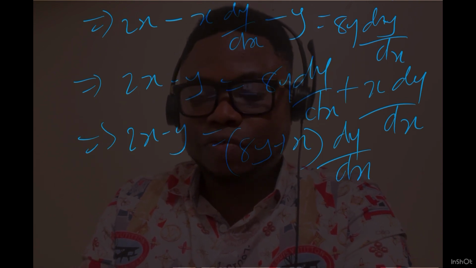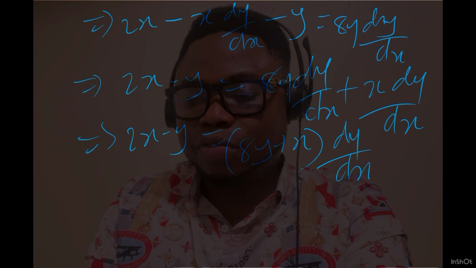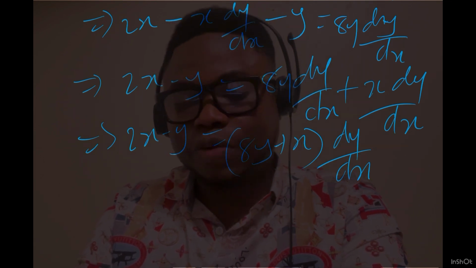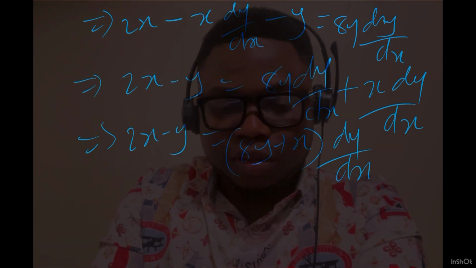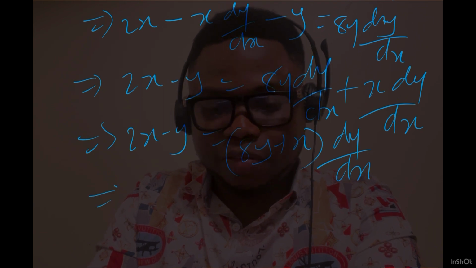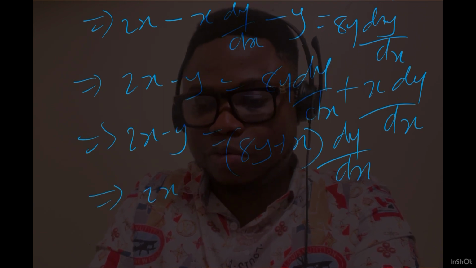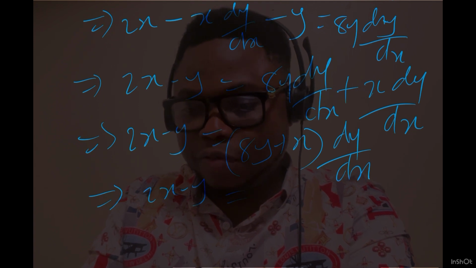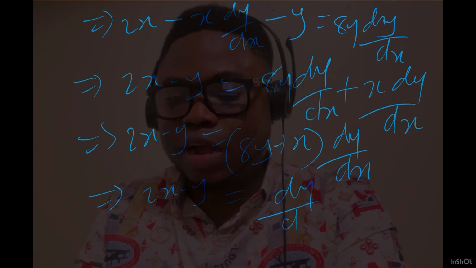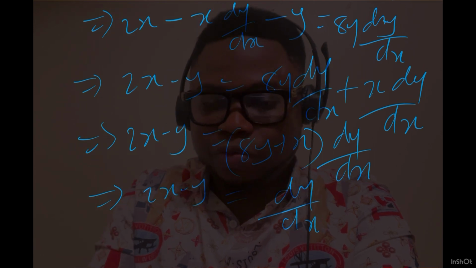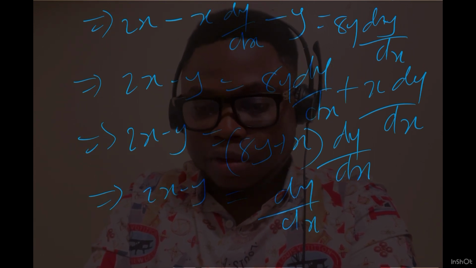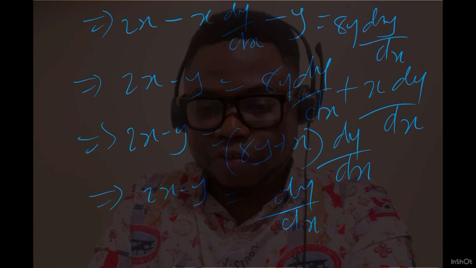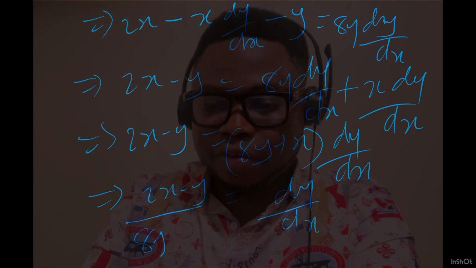So I just factorized, bringing out dy over dx, which is a common factor, out of the bracket. So this is the same thing as 2x minus y is equal to, in this case, I'm going to write dy over dx, because I will divide across with its coefficient, which is 8y plus x. So that is going to give me 8y plus x.